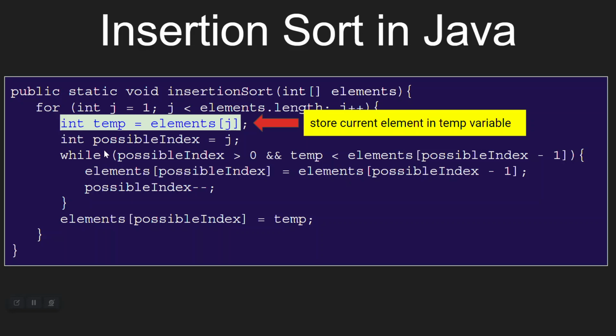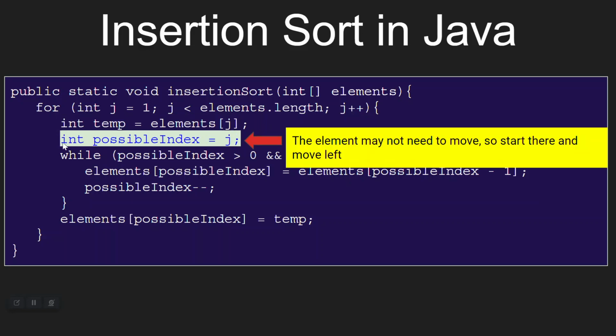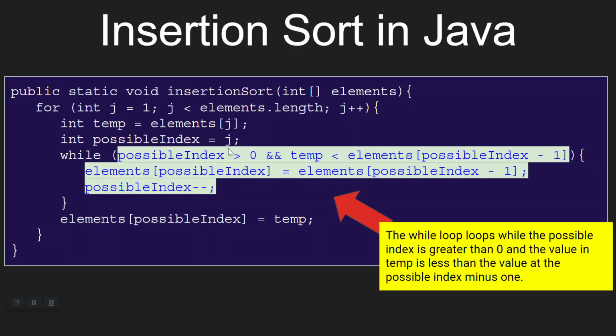Now what we're going to do is it says int possibleIndex is equal to j. So we're basically recognizing that the element may not need to move. So we're starting here and then we're going to move to the left. So while possibleIndex is greater than 0 and the temp, which again is our original element, is less than elements at possibleIndex minus 1.